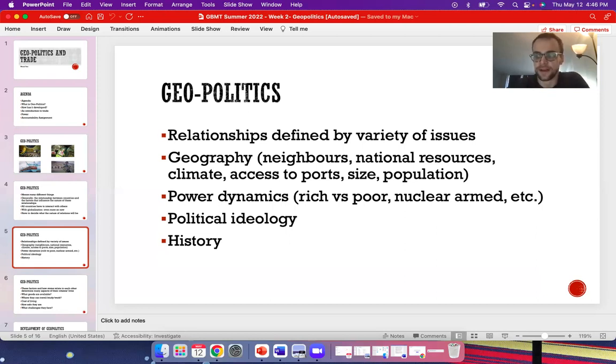We can also look at the multiple factors which might influence a geopolitical relationship. For instance, Russia and the EU, or Germany in particular within the European Union. There's clearly a conflict here over the conflict in Ukraine. There's obviously a divide in interpretation of this conflict, and it's clearly an issue that divides both values and ideology, where each side has a drastically different perspective.